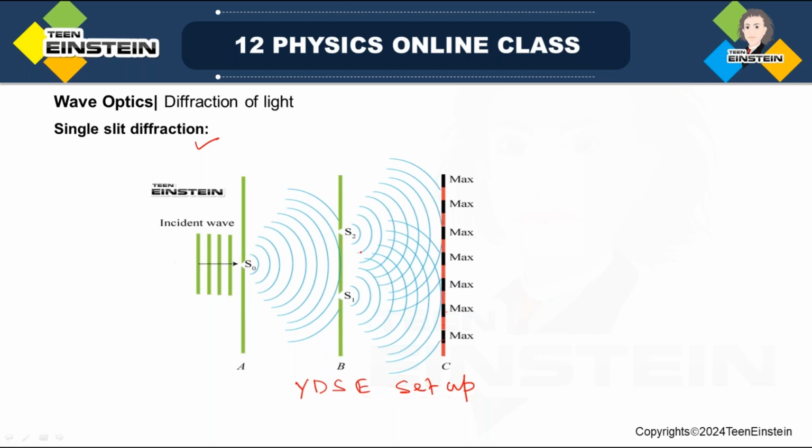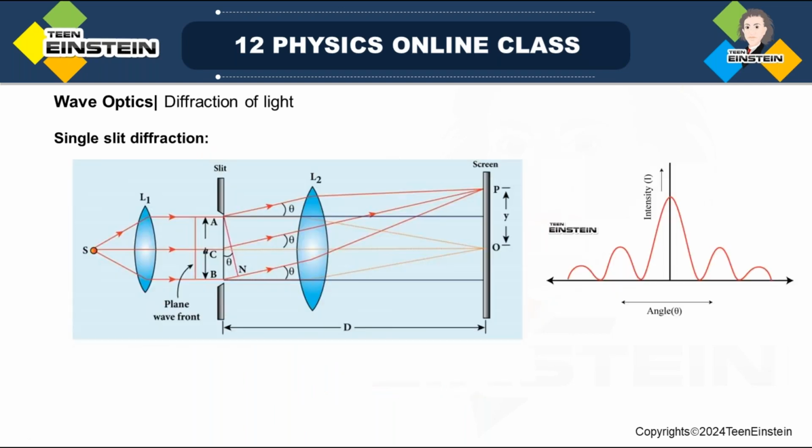In single slit diffraction, let us see, just to have a correlation with Young's double slit experiment, which I just showed. Now let us see this arrangement for single slit Fraunhofer diffraction. This is the setup for Fraunhofer diffraction with a single slit.